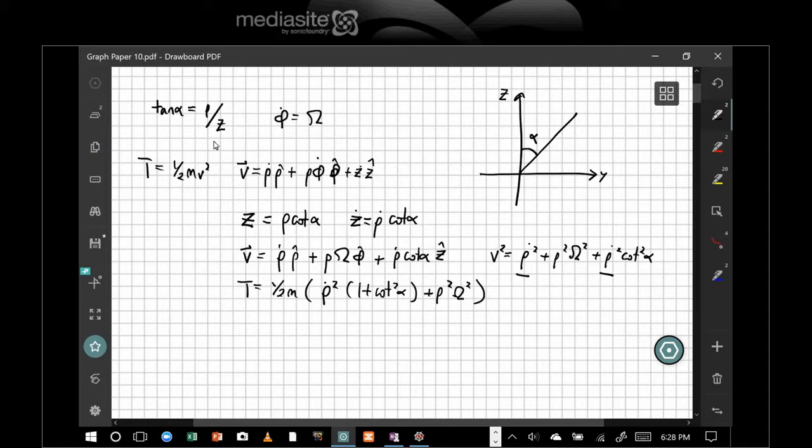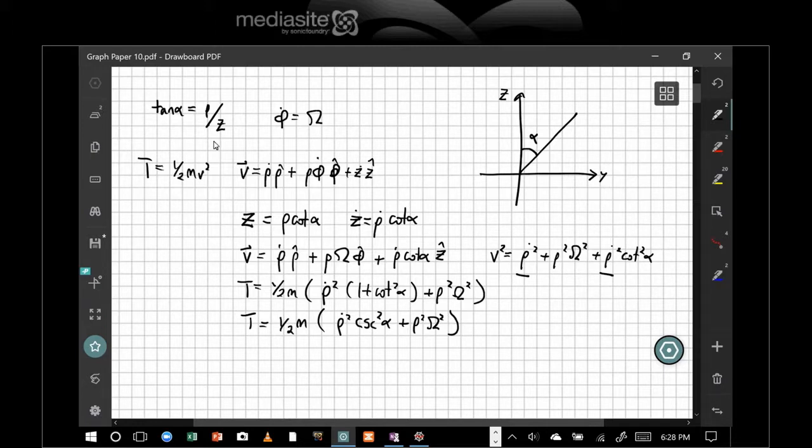There is a trig identity: 1 plus cotangent squared is equal to cosecant squared. You all know that, right? Yeah, that's what I thought. So I can write this as 1/2 m times rho dot squared cosecant squared alpha plus rho squared omega squared. That's the kinetic energy.